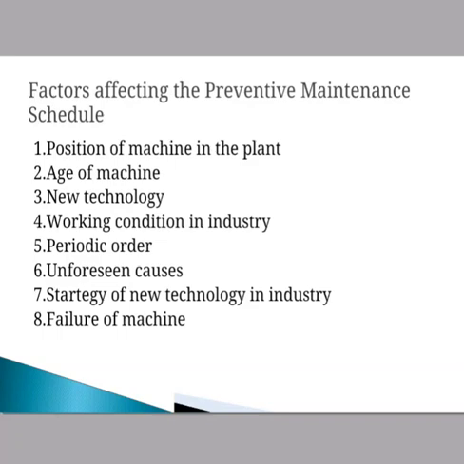Then failure of the machine affects the normal maintenance in the industry, as does the strategy of new management in the industry. It will directly affect the maintenance carried out in the industry.